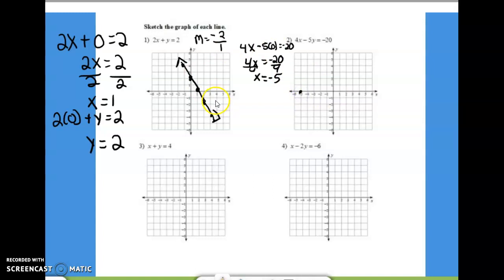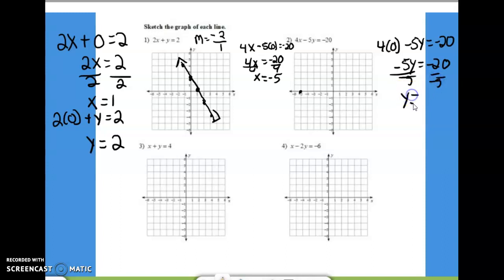Let's go ahead and find the y-intercept. We'll do it over here. We've got some room. Now to find the y-intercept, we're going to do the complete opposite. We'll make the x 0. So now you're going to have negative 5y equals negative 20. Divide by negative 5.